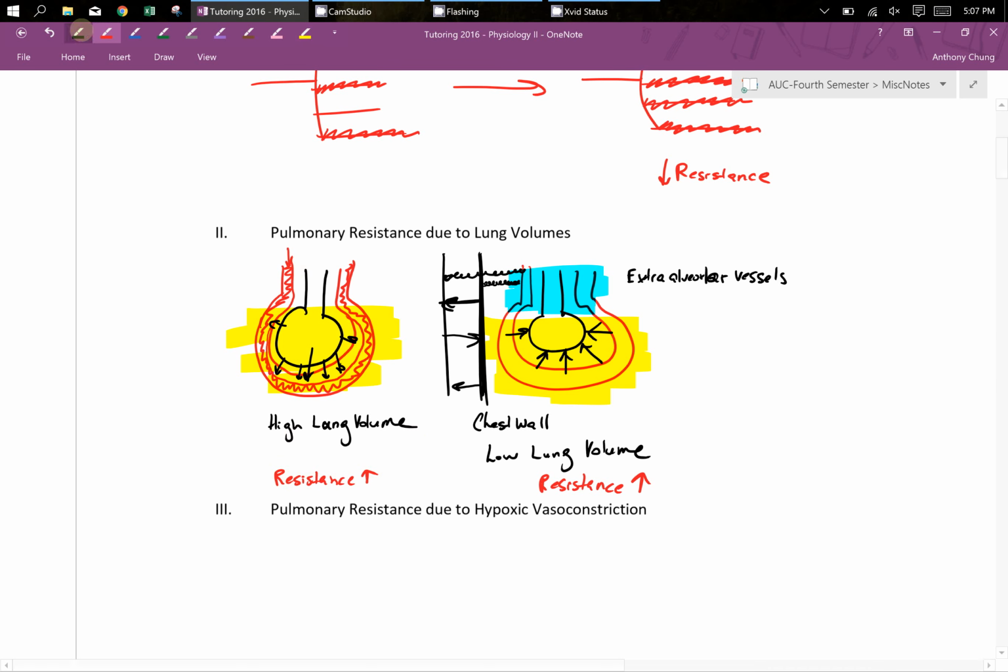So the way that they're going to show you on the graph is a graph that kind of looks like this. And on your x-axis over here, you're going to have lung volume. And then on your y-axis is going to be resistance.